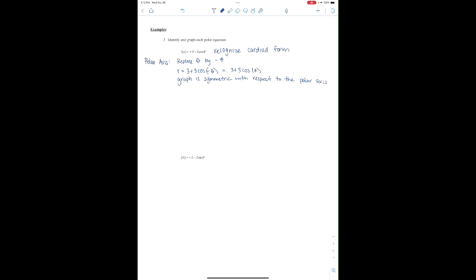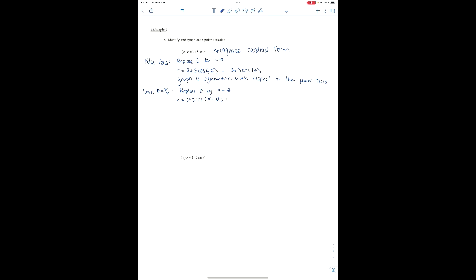And then we check the line theta equals pi over 2. This, we replace theta with pi minus theta. And this is going to give us r equals 3 plus 3 cosine, and then we're going to have pi minus theta.